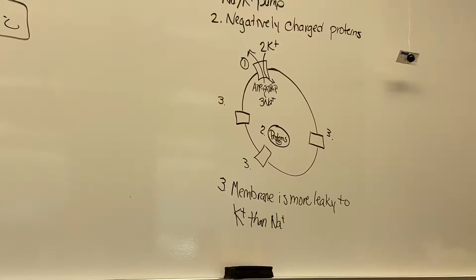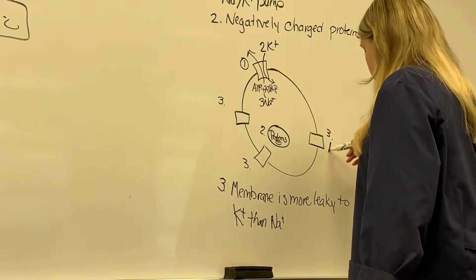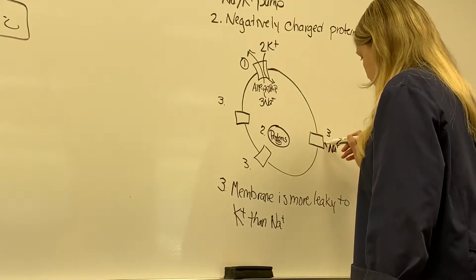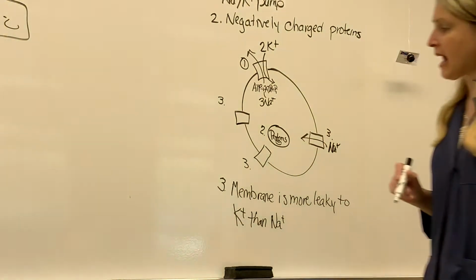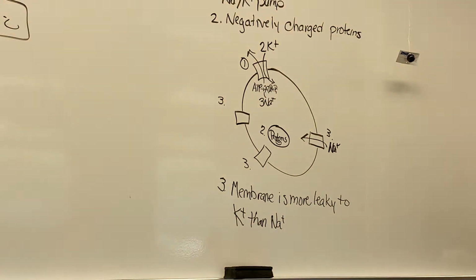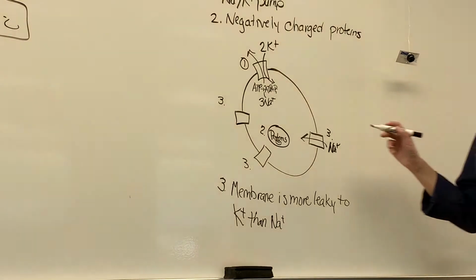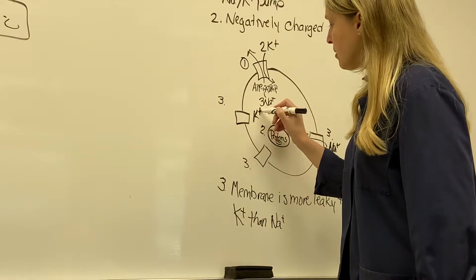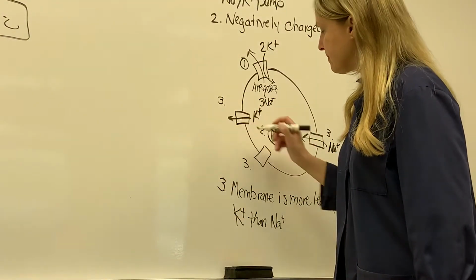Where is sodium concentration highest? Outside, right. So it's going to diffuse inside. Sodium will diffuse in. Potassium then will move where? Where's potassium highest? Inside, so it's going to move out. So potassium will diffuse out.